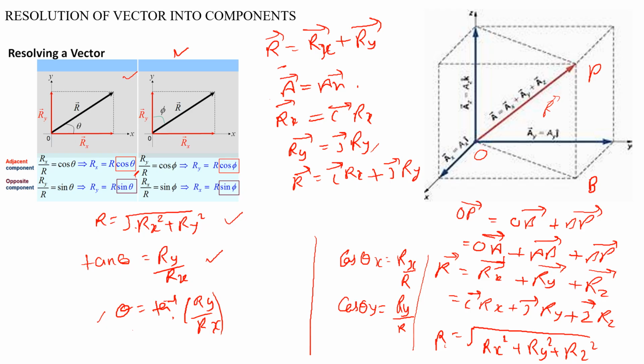If we discuss in three dimensions, then a vector r vector in components along x, y, z axis can be written as OP vector is equal to OB vector plus BP vector, which is equal to OA plus AB plus BP.